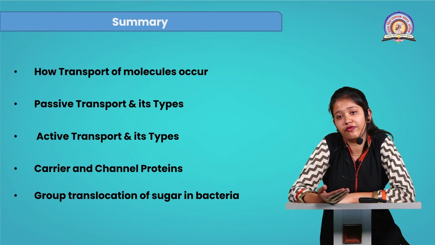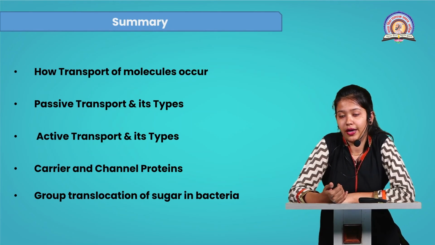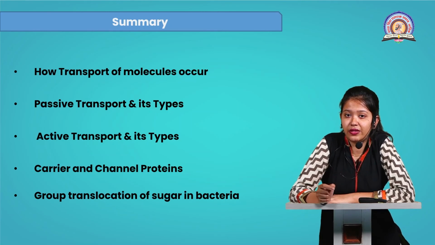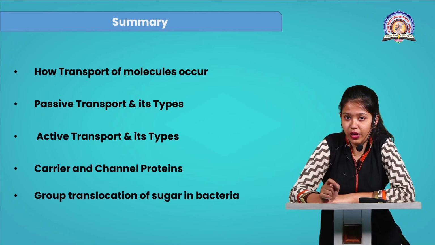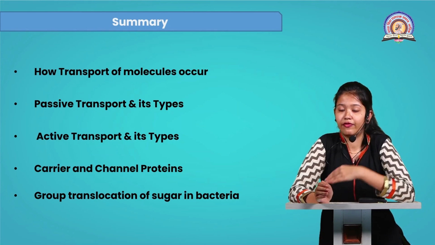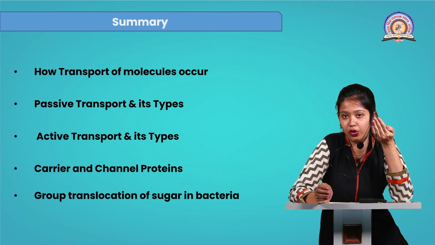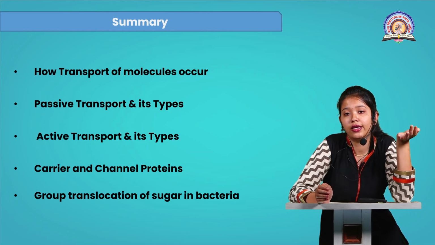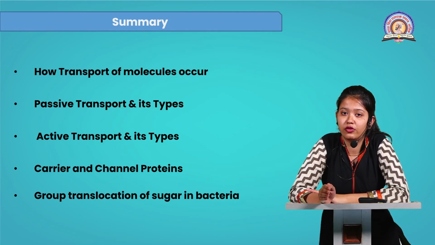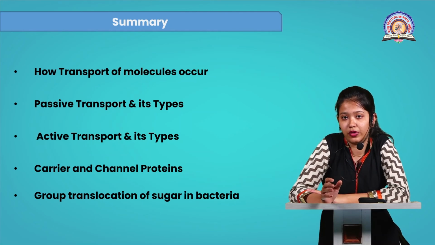It transfers this phosphate group to another, that is E2B protein, which has a cysteine residue in its cytosolic domain. As soon as the phosphate group comes in, it is transferred to the sugar, that is glucose, and finally glucose becomes glucose 6 phosphate, and this glucose 6 phosphate is used for further processes.